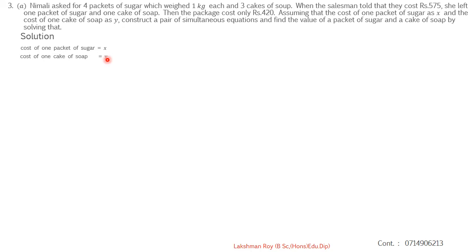Now you can construct a pair of simultaneous equations by reading the two sentences here. So very carefully read the first sentence. What does the first sentence say? Nimali asks for 4 packets of sugar and 3 cakes of chalk. Then the salesman told her that it costs 575 rupees.